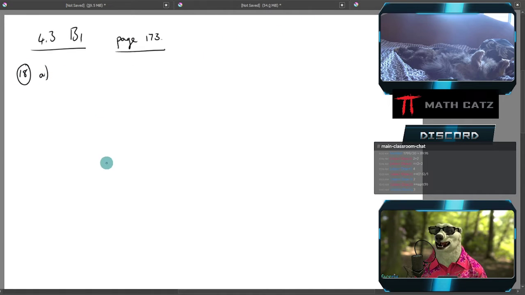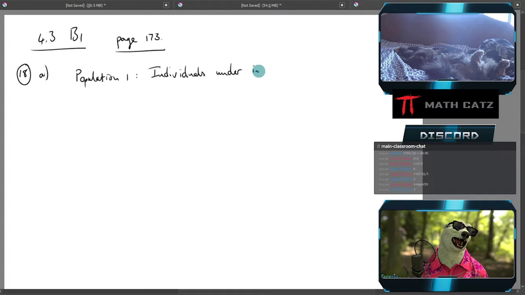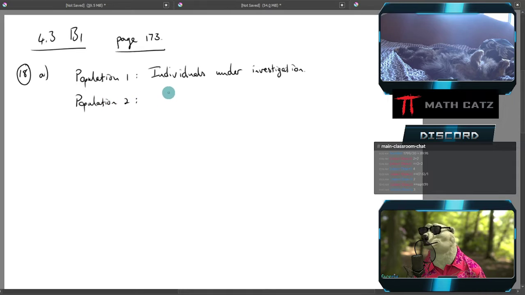A. So we have two populations. Population 1 is, let's say, the individuals that we are investigating, individuals under investigation, of which we have a sample. And population 2 is the general public.